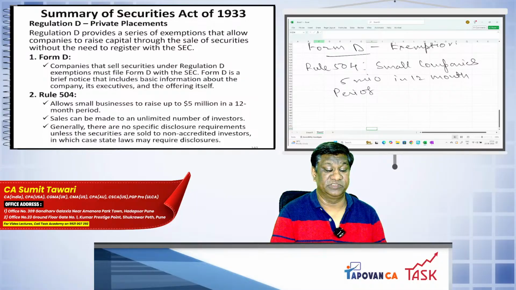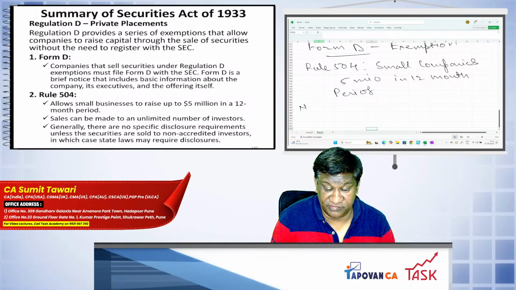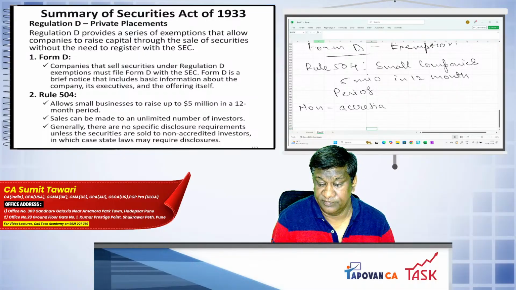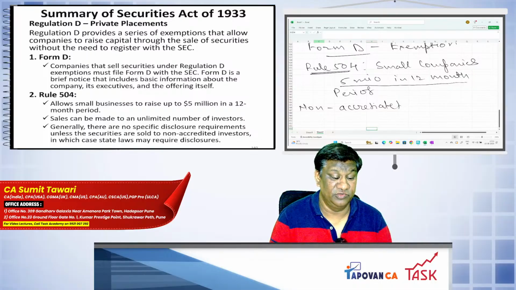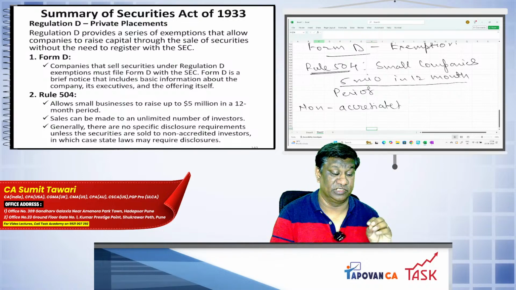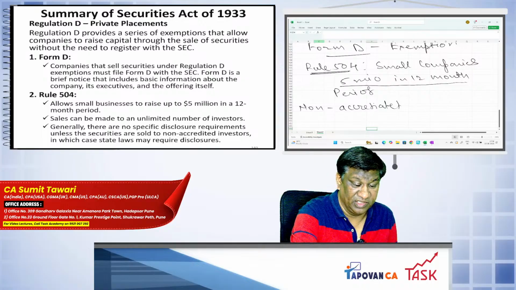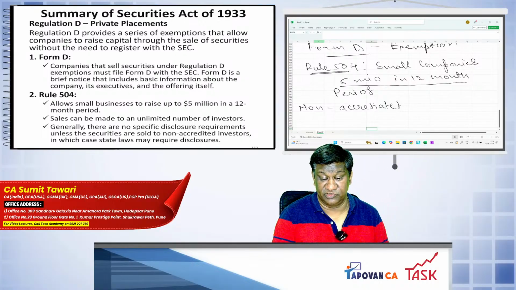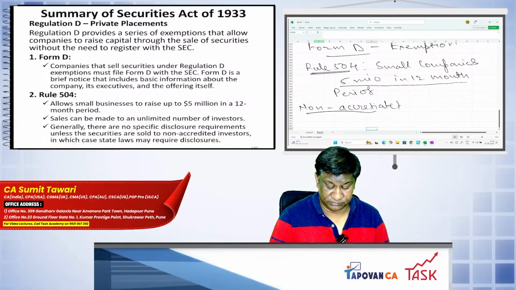Generally, there are no specific disclosure requirements unless the securities are sold to non-accredited investors, in which case state law may require disclosure. Okay, so what is a non-accredited investor, that also we will see. Okay, first keep in mind Rule 504 states, if you are issuing 5 million in the last 12 months, then you do not need to register the securities with the SEC. Okay, and the definition of non-accredited investor we also need to keep in mind.